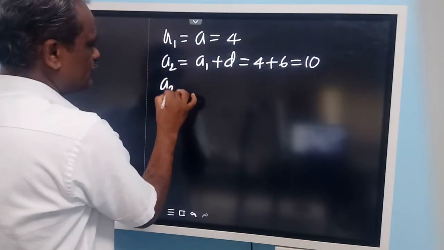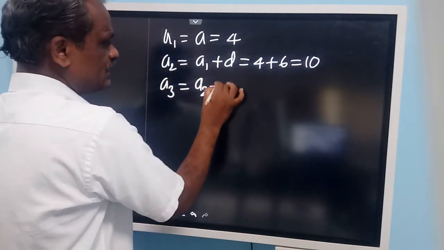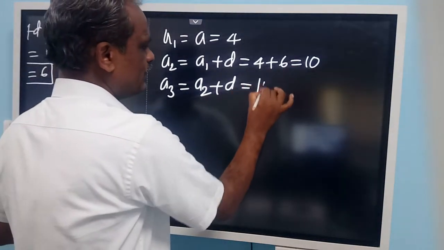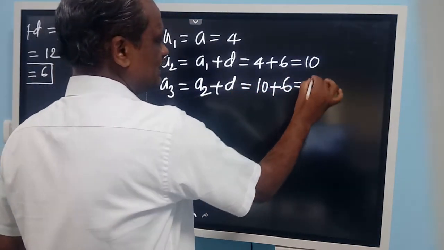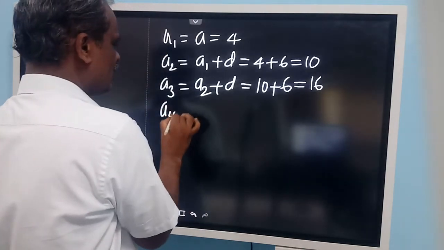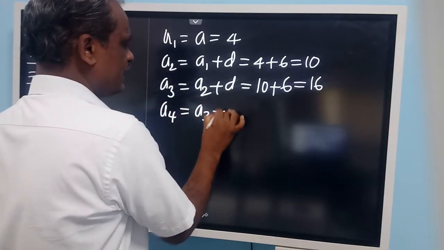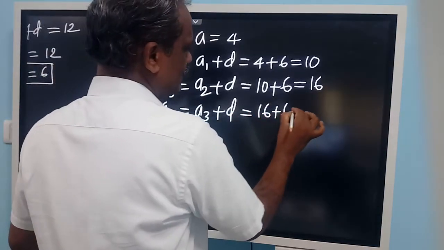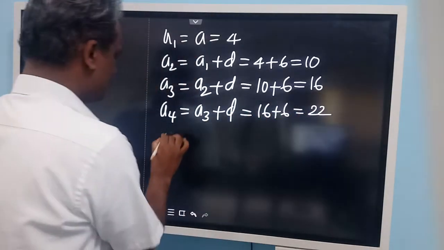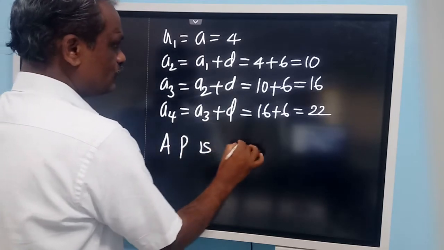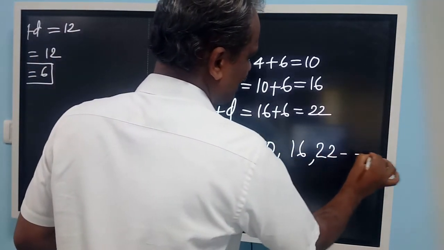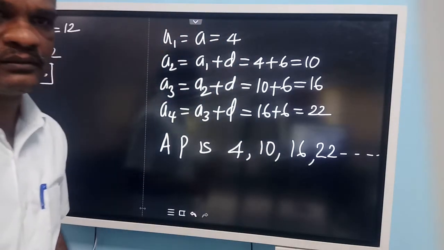Third term is A2 plus d: second term 10 plus the common difference is 16. Similarly, you can find the fourth term by adding the common difference to the third term, that is 16 plus 6. Like this it continues. Therefore the AP is 4, 10, 16, 22, and so on. That's it.